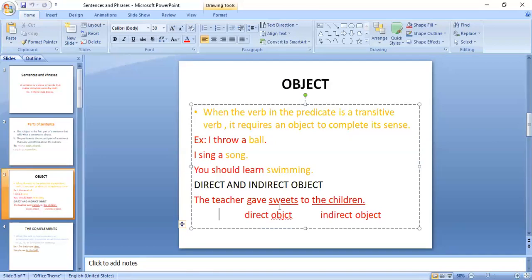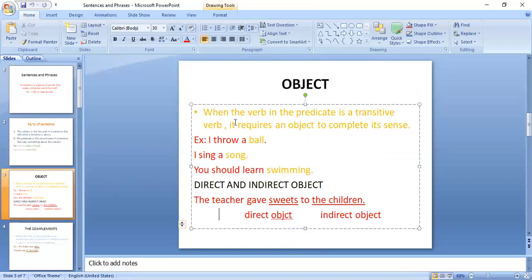The teacher gave what? The teacher gave sweets. Sweets is the direct object. Then what is the indirect object? The noun naming the person for whom something is done is the indirect object of the verb. What is that? That is the children. The children is the indirect object.